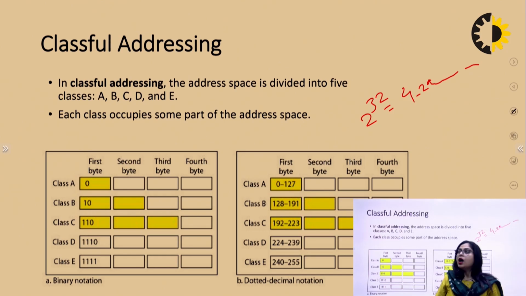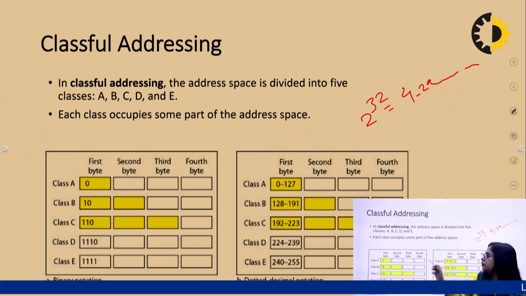That address space is divided into 5 classes: class A, class B, class C, class D and class E. Each class occupies some part of the whole address space.